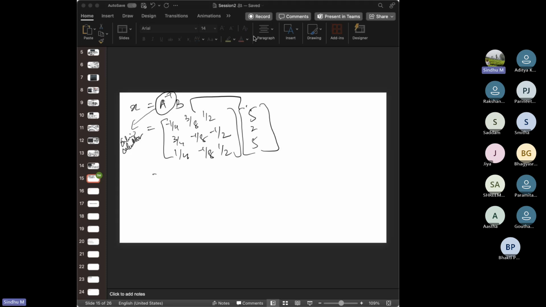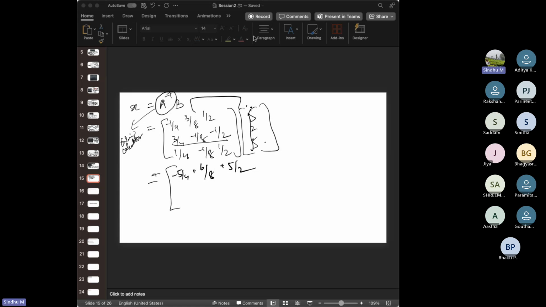So the final answer will be we have to multiply these terms. And so the second row we have to multiply these two. And similarly, third row we can find with this.